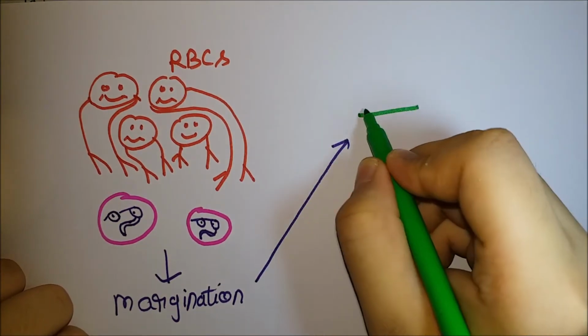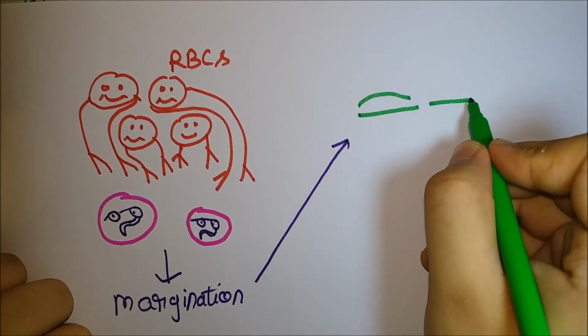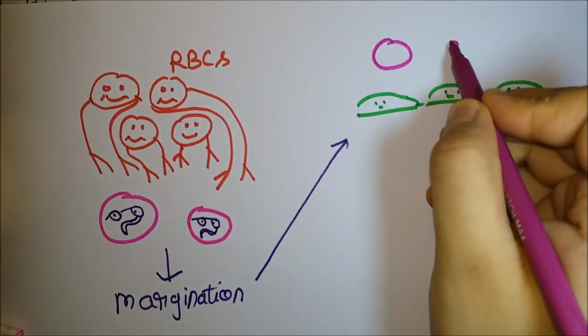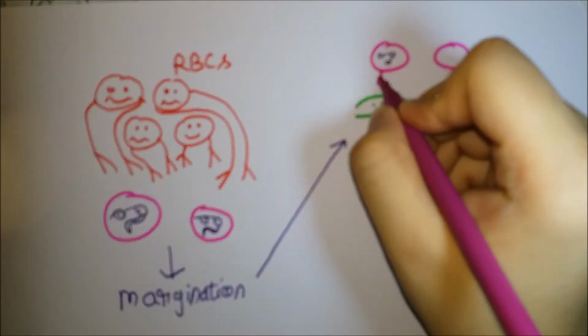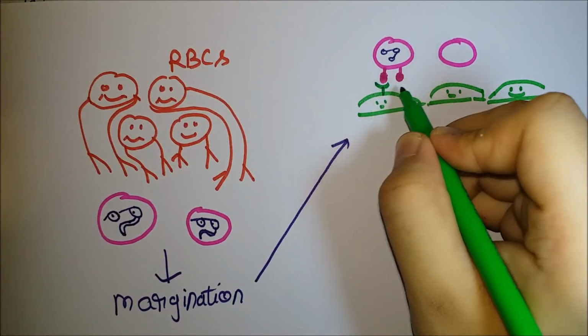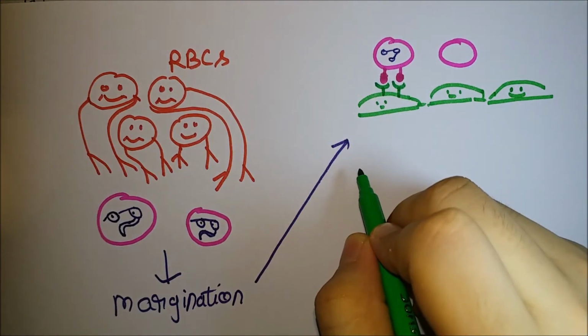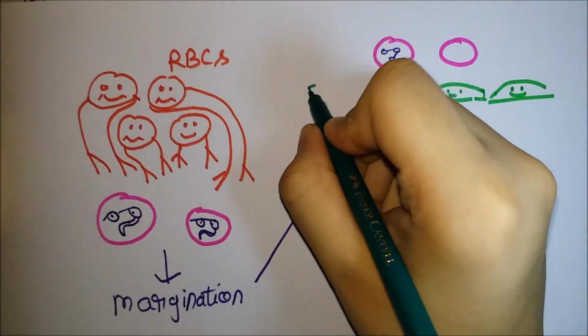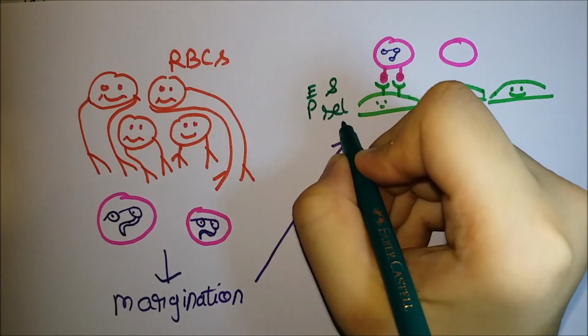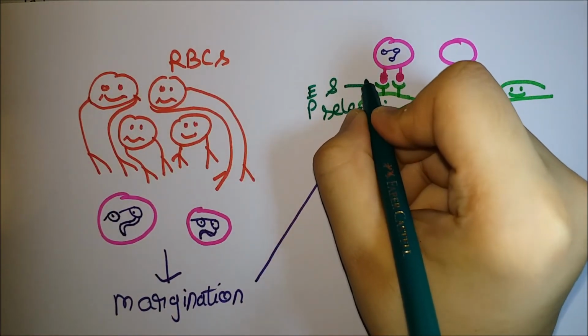Now, after margination, there's an interaction between the WBCs, especially the neutrophils, and the endothelial cells. The receptors on the endothelial cells, called E and P selectins, will act with the ligands on the neutrophils.